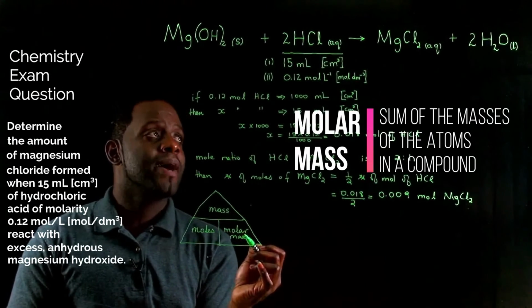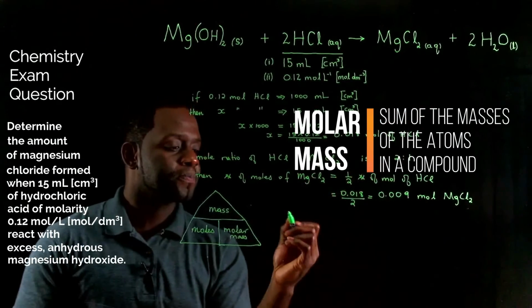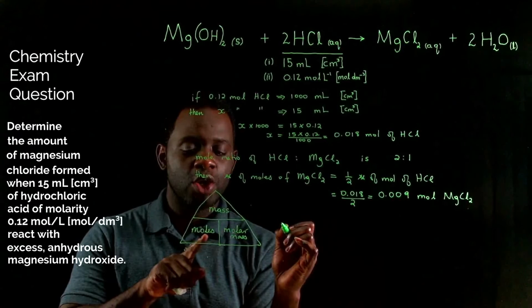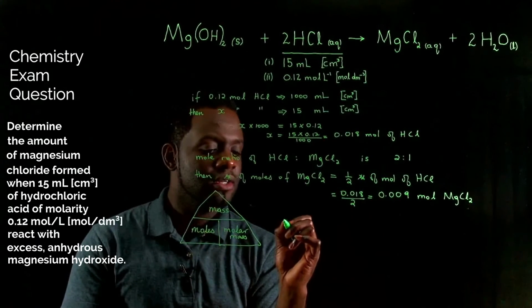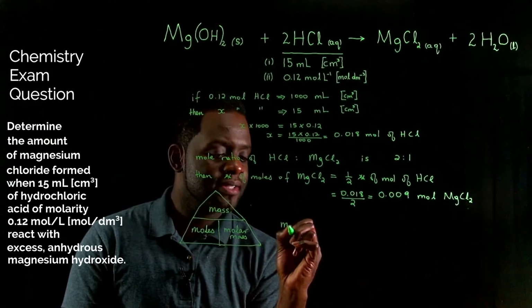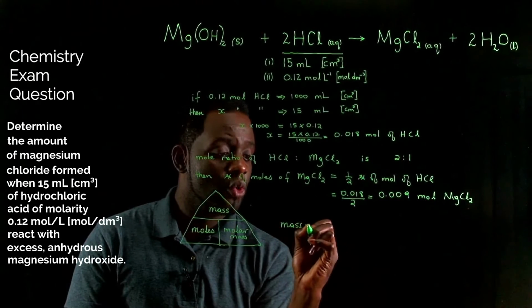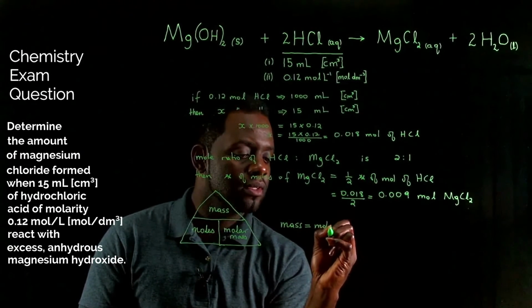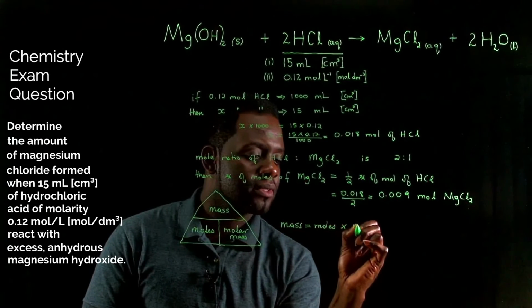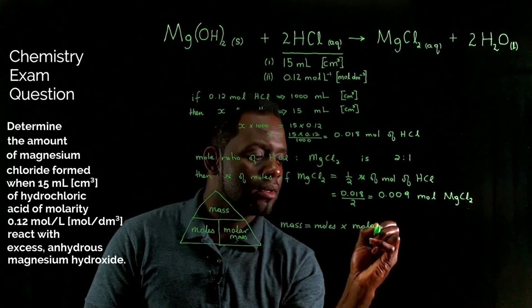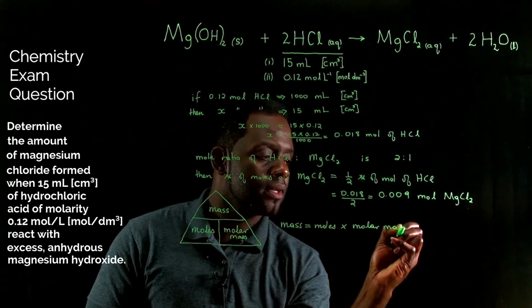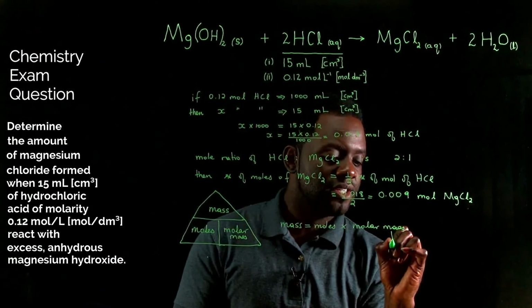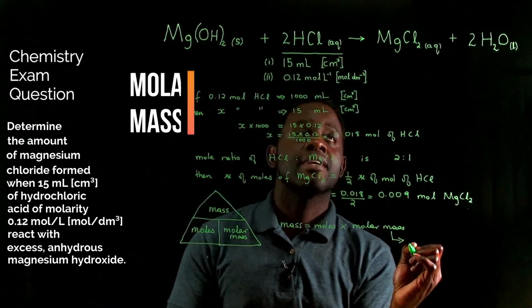What is the molar mass of magnesium chloride? Let's find that out. So first, let's write our equation that we need. So mass is equivalent to moles times molar mass. We have the number of moles already, so let us determine the molar mass.